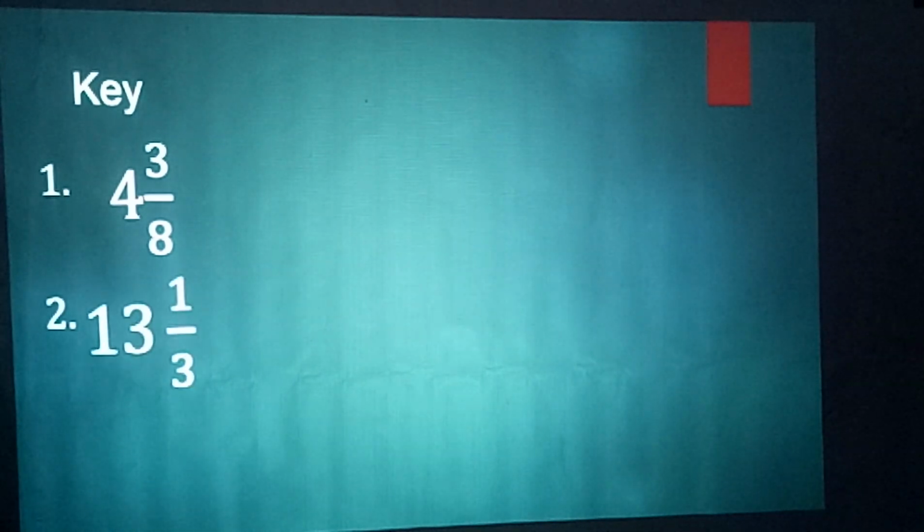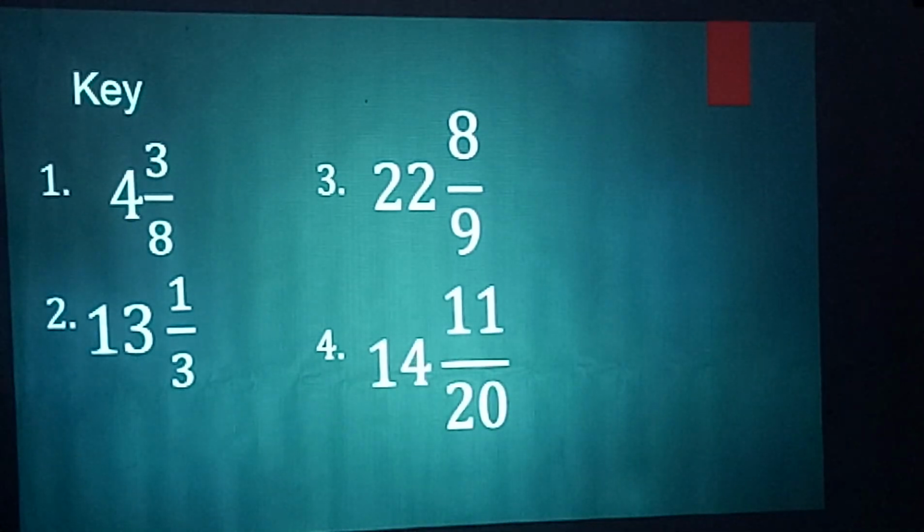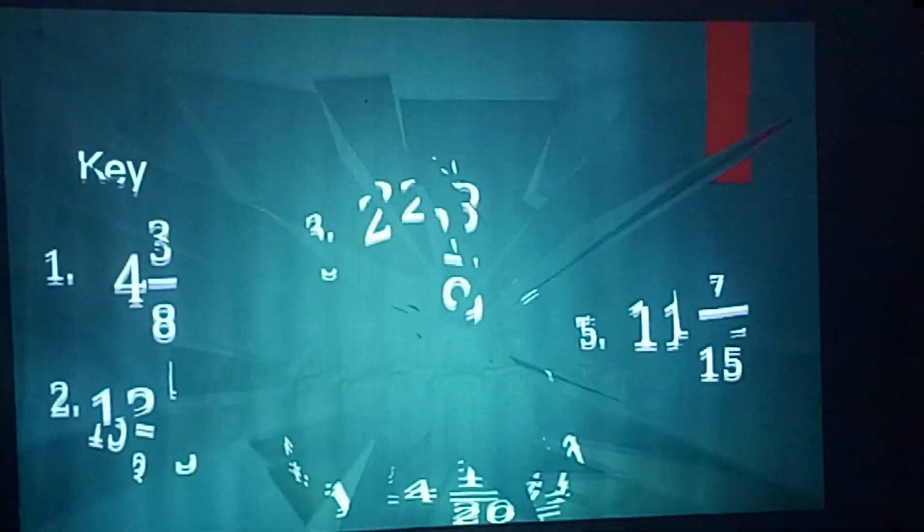Number 2 is 13 and 1/3. For number 3 is 22 and 8/9. Number 4 is 14 and 11 over 20. And for the last number is 11 and 7 over 15.